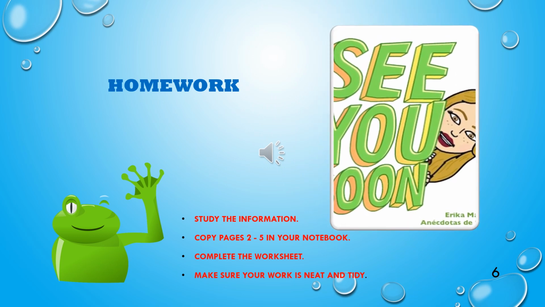Page number 6. Here we have the homework for today's class. The first thing that you need to do is study the information. Make sure that you understand the irregular plurals. Make sure that you understand the singular and plural possessive and irregular plural possessive.